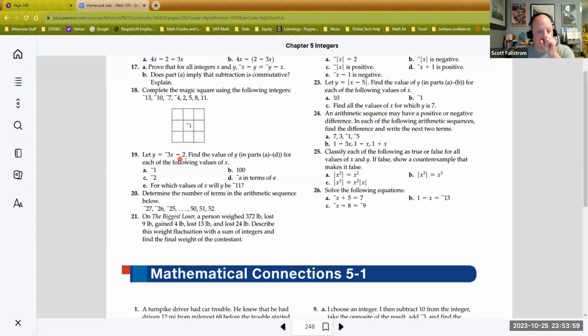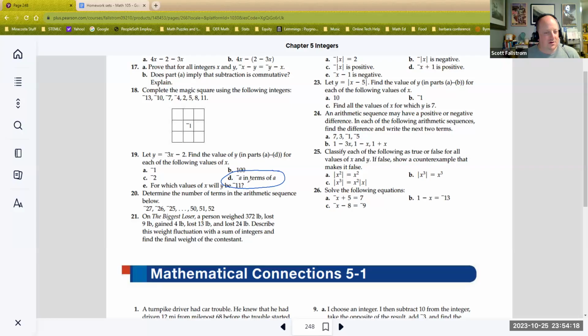Yeah, so you're just plugging something in and off you go. I guess maybe the one, if there was one, maybe part D would be kind of a sticky one because you're thinking that you always have to have a number at the end, like a quantity like that. Just remember this value A is a number. So if you were to multiply that out, you might have something like y equals the opposite of 3 times the opposite of A minus 2.